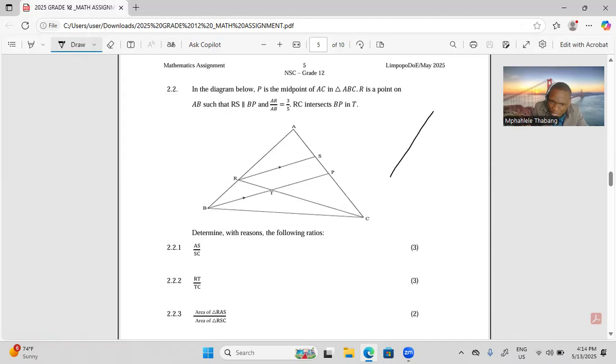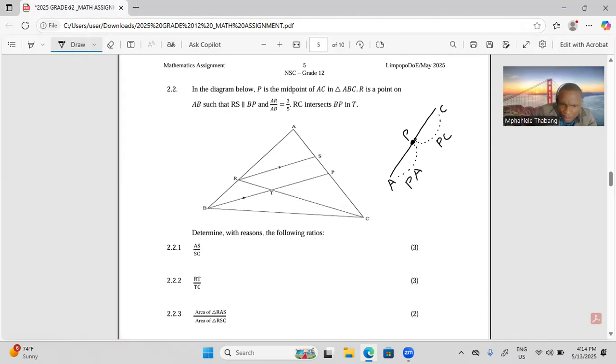So if I have a line like this, let's say I have a point A here and I have point C here, and I say here I have P, and I say P is at the middle. So it means that the distance from P to A, let me call it PA, is equal to the distance from P to C.